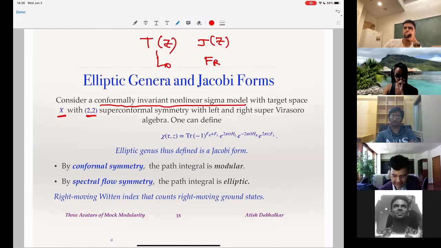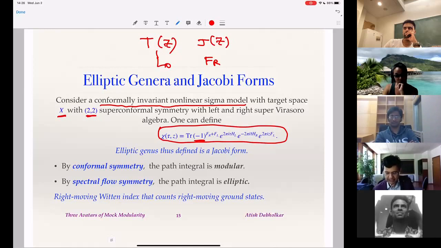And then you can construct a partition function of this kind, an index partition function, because fermions, both on the left and the right, are odd under this F right. This is like the fermion number. That's why I've called it F right rather than J.